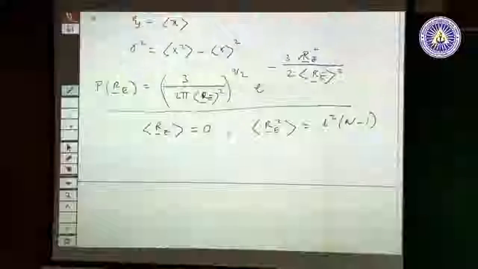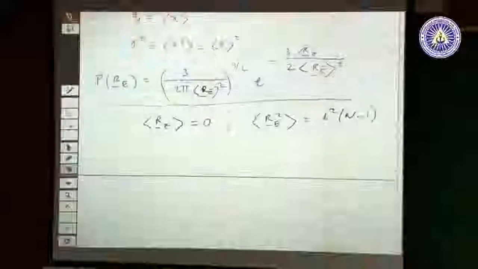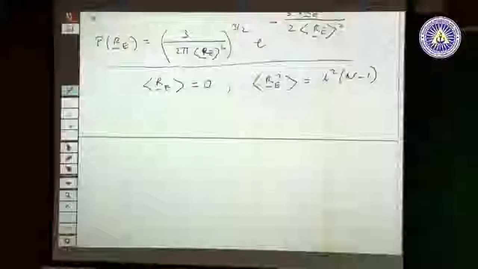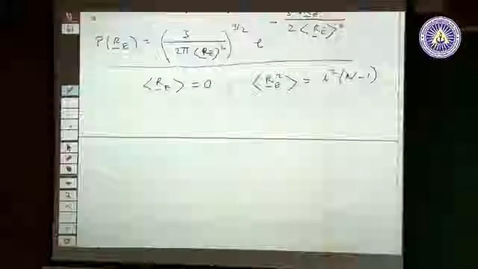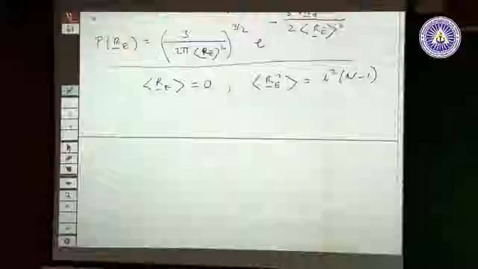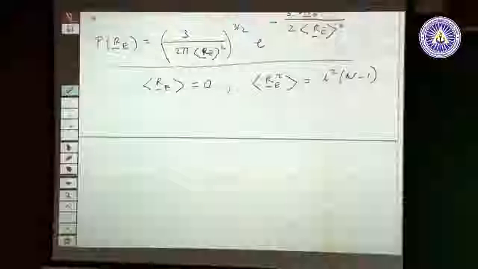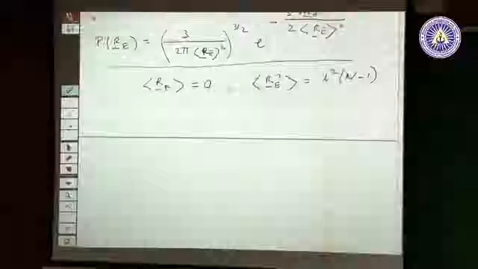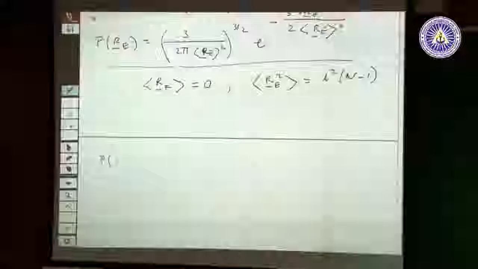Now, additionally, let us approach this in a formal way, right. How would you find the distribution function for the end to end vector without doing this simple argument? Then what you would do is, this is how you would write it formally.